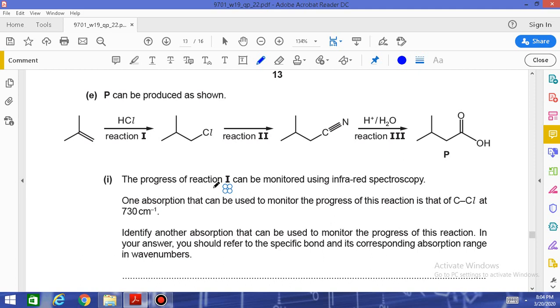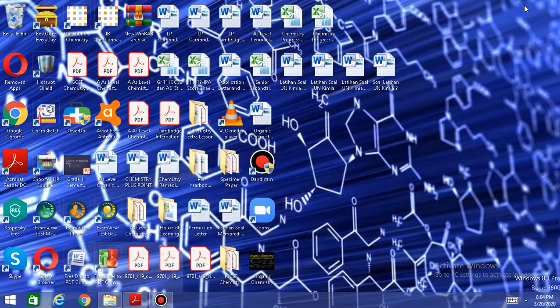One absorption that can be used to monitor the progress of this reaction is C=C at the wavenumber given. Identify another absorption that can be used to monitor the progress of this reaction. In your answer, you should refer to the specific bond and its corresponding absorption range in wavenumbers.